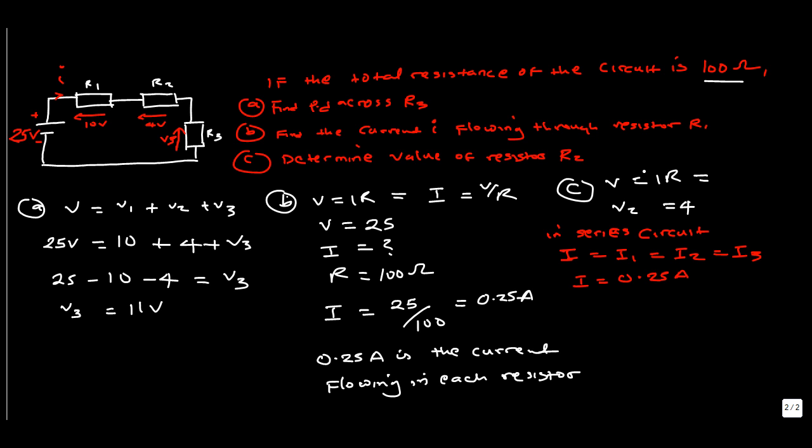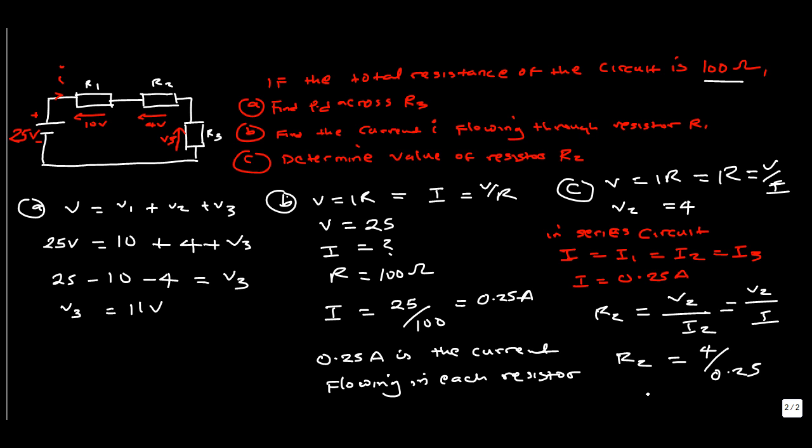We rearrange this to make R the subject, so R is equal to V over I. So R2 is equal to V2 over I2, which is the same as V2 over I. V2 is 4, so we have 4 over 0.25, and we have 16 ohms. R2 is equal to 16 ohms.